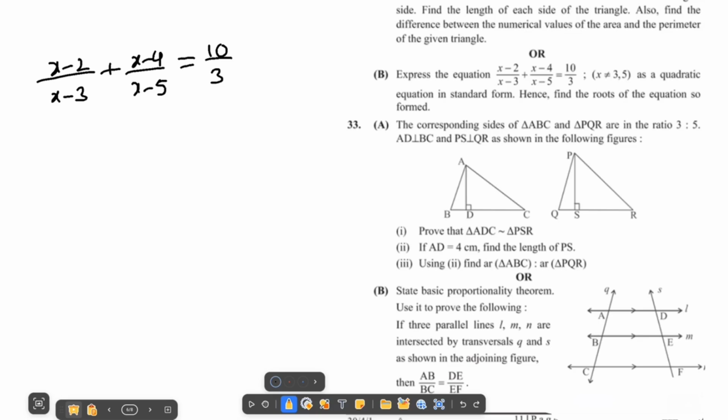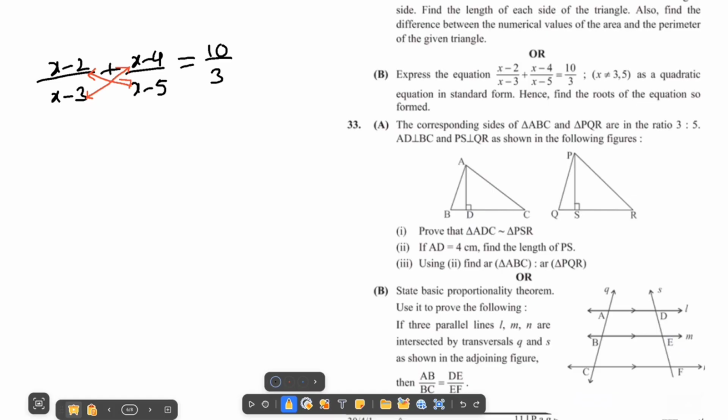So now in the LHS cross multiply the terms. That means we have to multiply x minus 2 and x minus 5, and here also we have to multiply x minus 3 and x minus 4, and the denominator should be the product of the denominators.